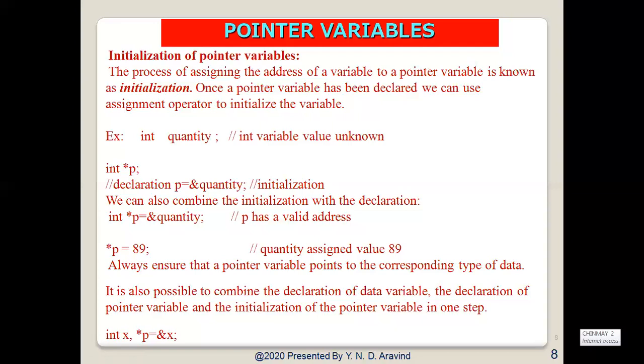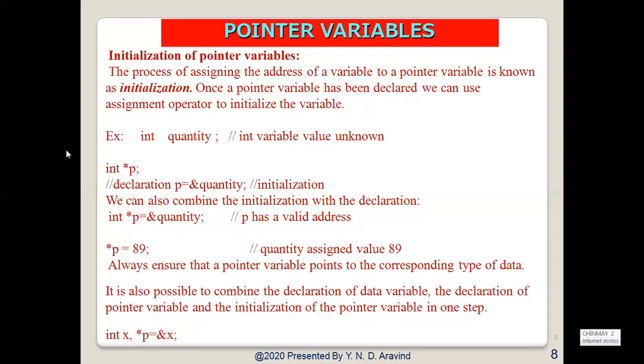So quantity will have a value and an address. If I do not assign a value to quantity, it will have a garbage value. The type of quantity is integer, and it will be allocated at some address that the compiler will know. To know that address of quantity, we need to put an ampersand symbol.